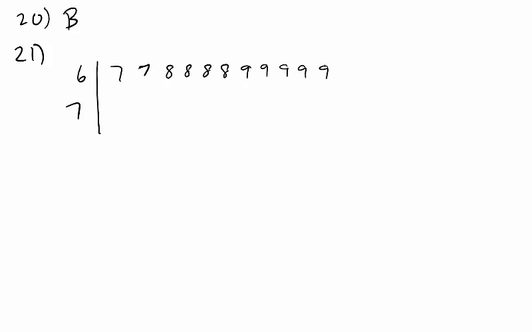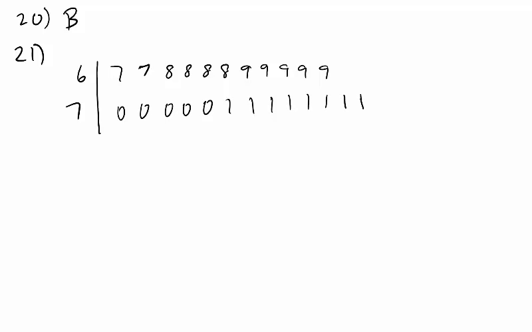For the 70s, I got 1, 2, 3, 4, 5 70s. And how many 71s? 1, 2, 3, 4, 5, 6, 7, 8.